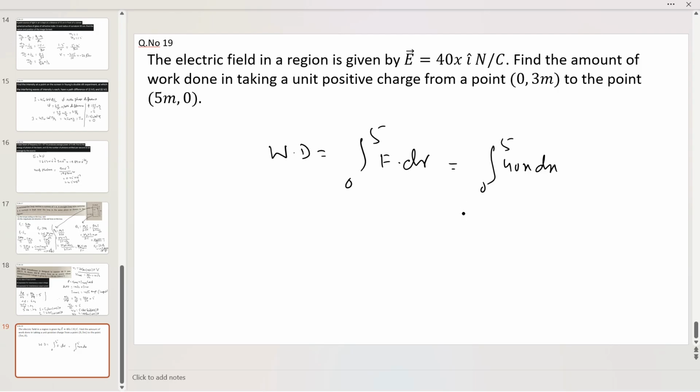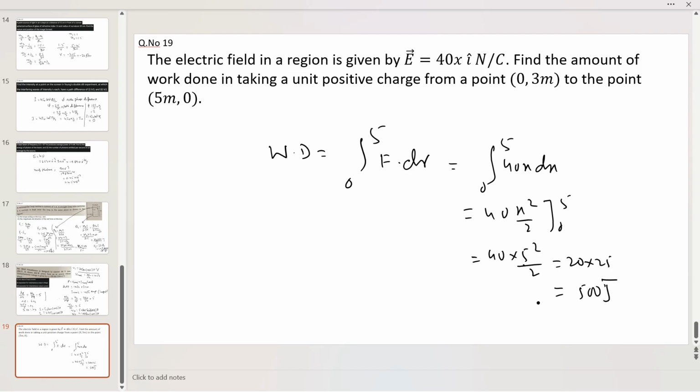So this will be equal to 40 x square by 2, from 0 to 5. So this will be 40 into 5 square by 2. So this is 20 into 25. So this will be equal to 500 joules.